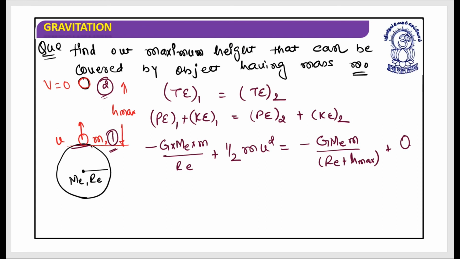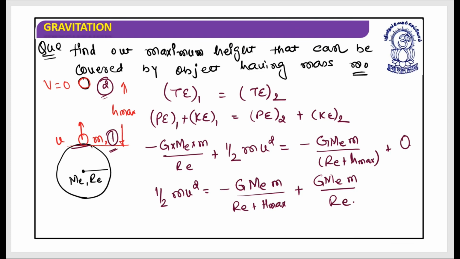So what I can write is half m u square equals minus G ME m upon (RE plus h max) plus G ME m divided by RE.